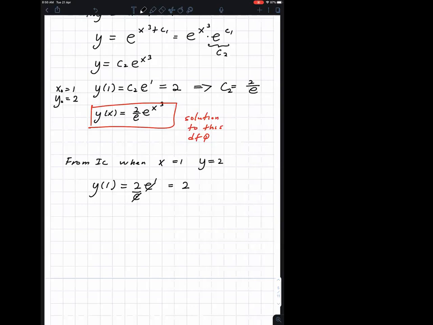So now let's go and try to do at x n plus 1. X at n plus 1 is 1.1, right?